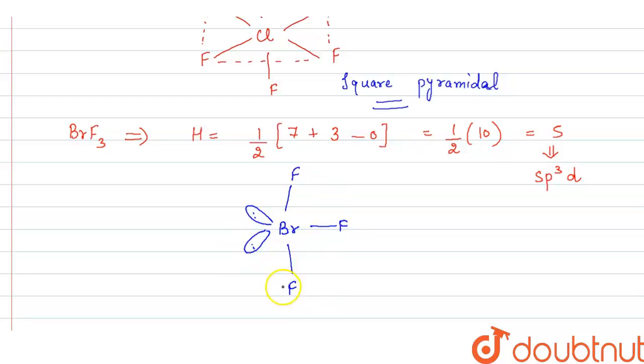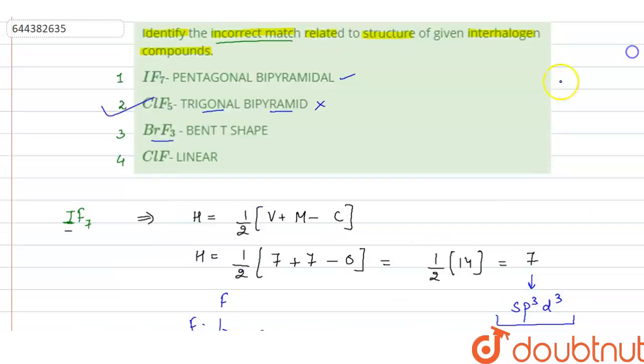So this is trigonal bipyramidal geometry. Due to the presence of lone pairs, there will be repulsion. So these two bonds, that is the axial bromine fluorine bonds, they will bend. So it is bent T shape. So BrF3 has bent T shape. So this is also a correct match.